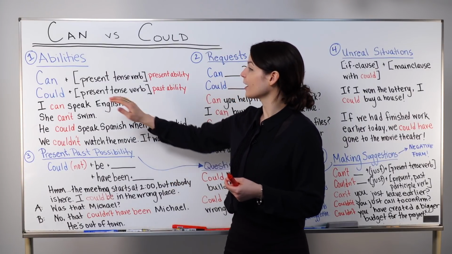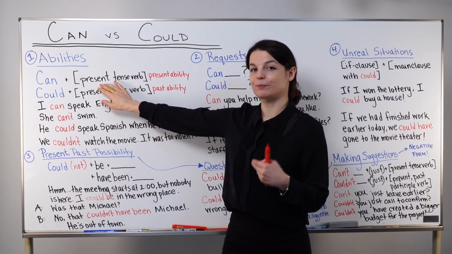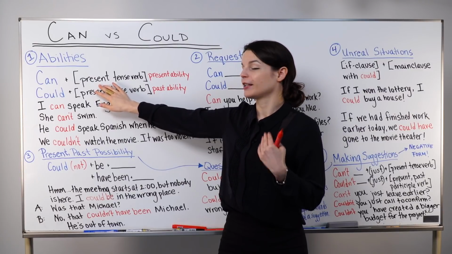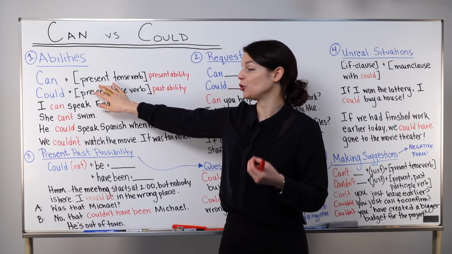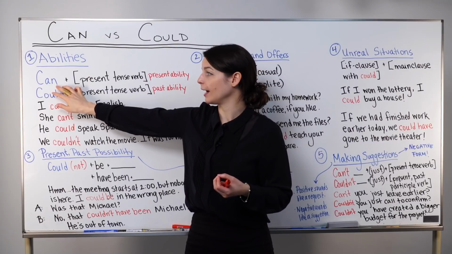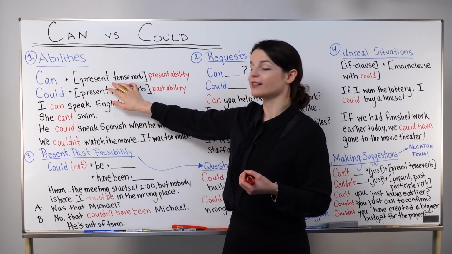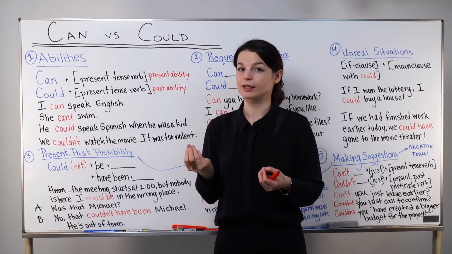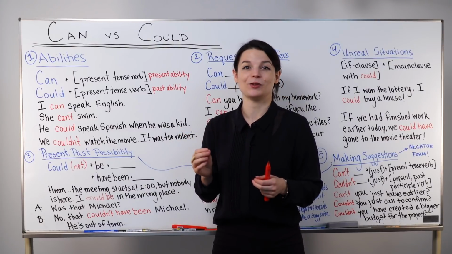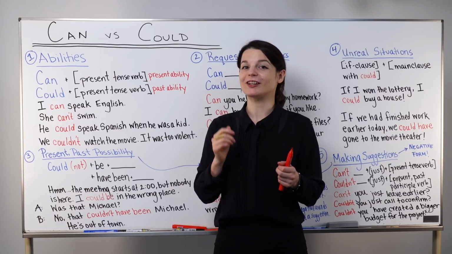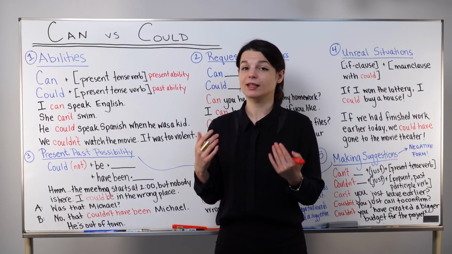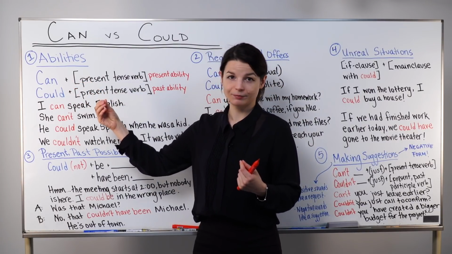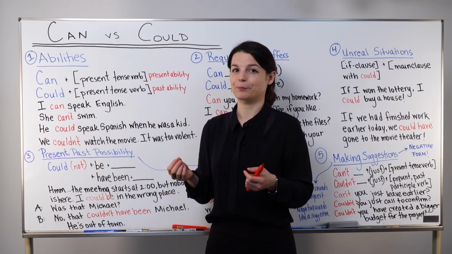When we want to talk about a present ability, something we can do now, I just used can to express that, something we have the ability to do now, we use can plus a present tense verb. This expresses a present ability, something we can do now. It's possible for us to do that now. To make the negative form, we use cannot or can't. I can't do something.